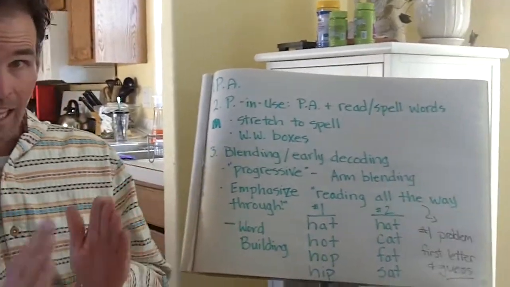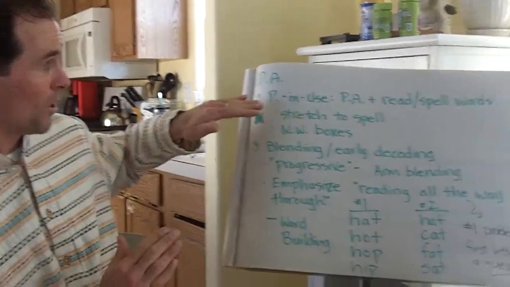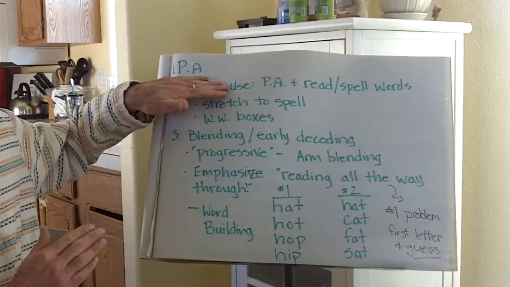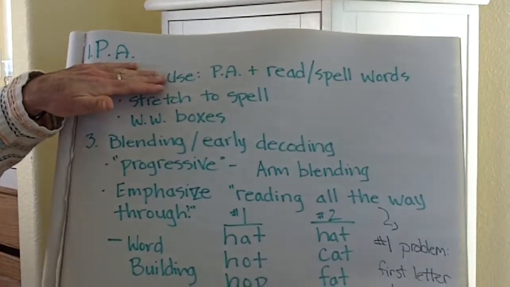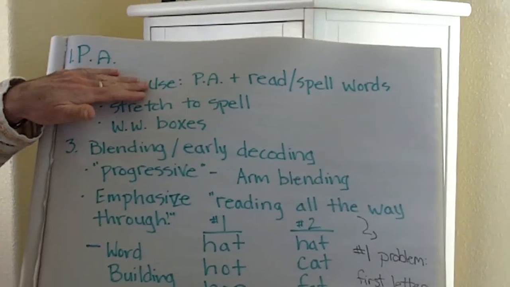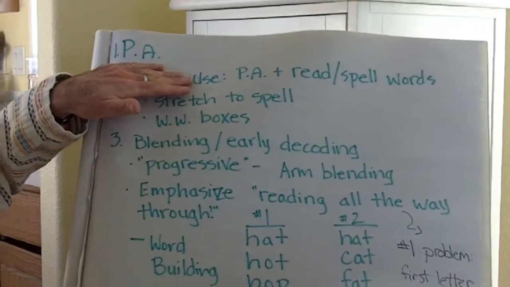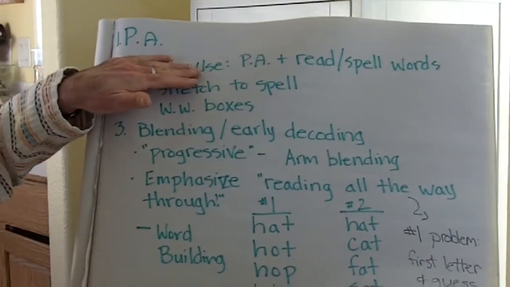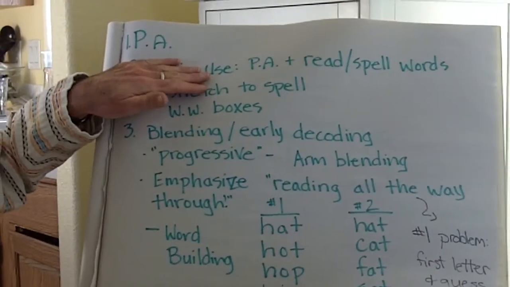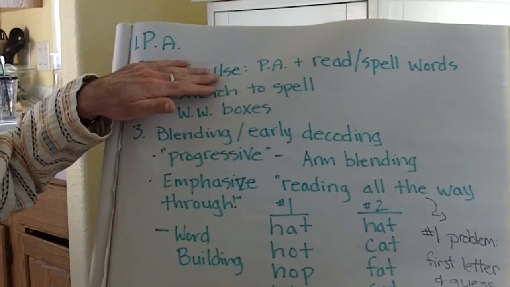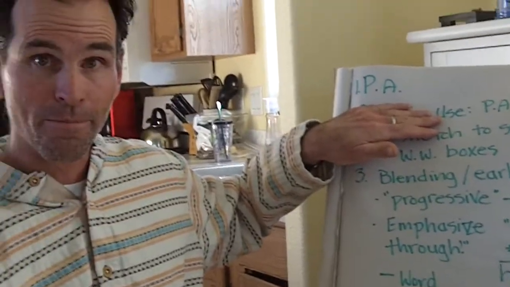At the end of the first video, we looked at the issue of phonemic awareness, teaching the simple segmenting and blending of sounds in speech. Now, critical prerequisite skill for both decoding words and spelling them.